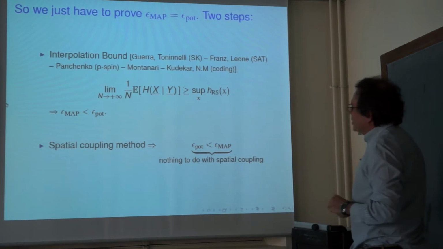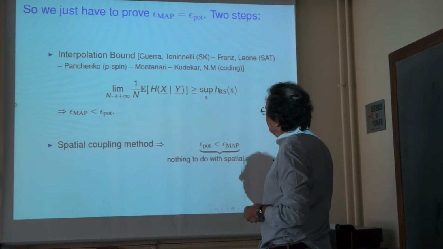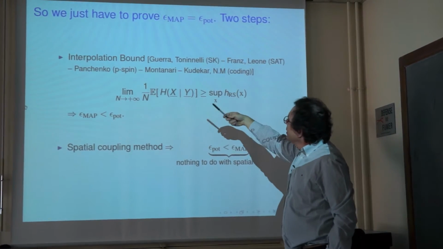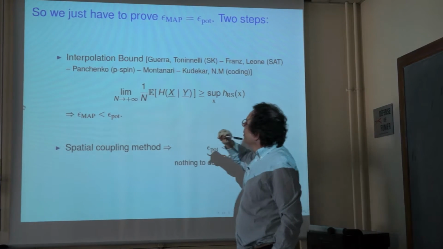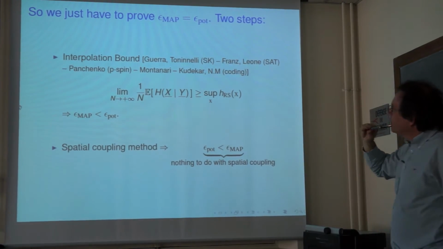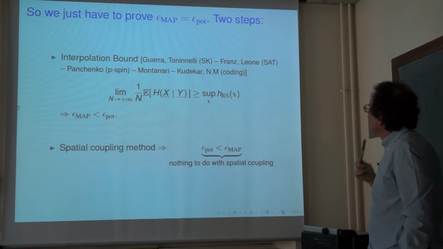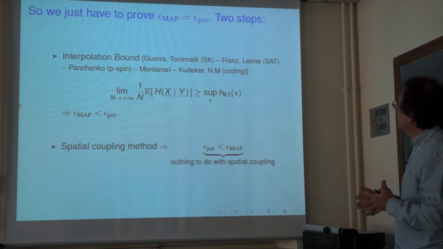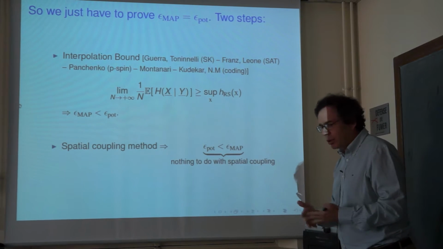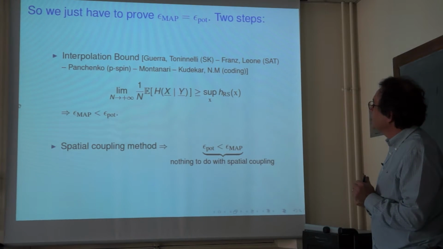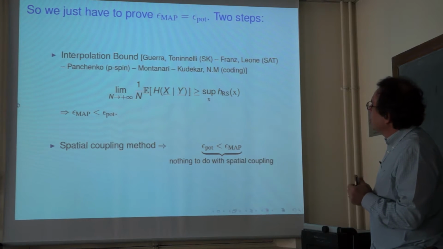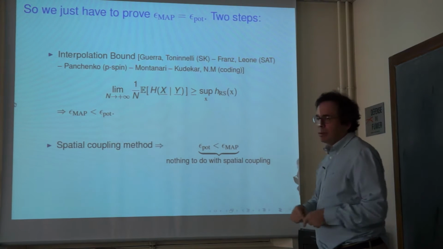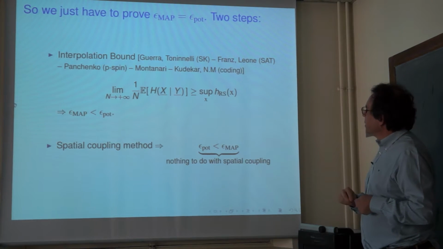So this was known, and that's a long story to prove this kind of inequality. It started with Guerra and Toninelli for the spin glass models on dense graphs, but then Silvio Franz and Leone extended this to the SAT problem or sparse graph systems, Panchenko also, and then Andrea Montanari, and we also did something specifically for coding.